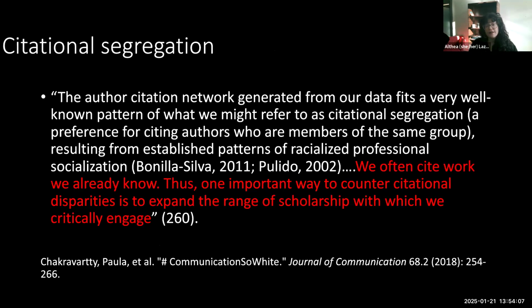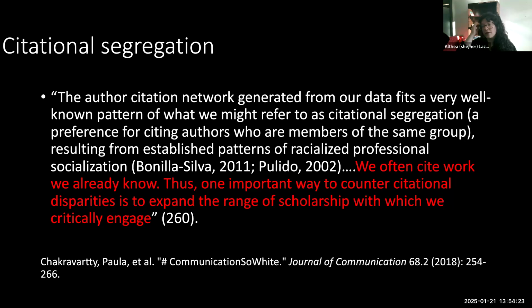Research also finds that the author citation network generated from our data, this is a quotation from the article, fits a very well-known pattern of what we might refer to as citational segregation, a preference for citing authors who are members of the same group.